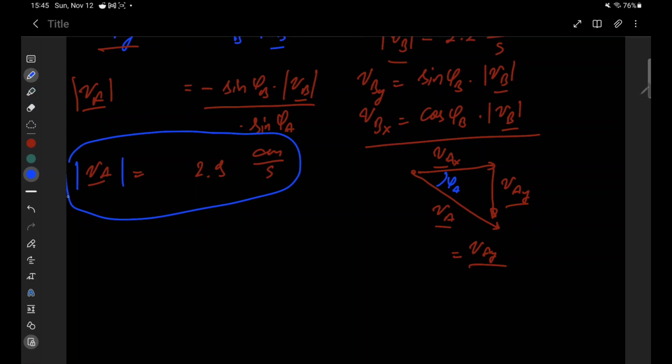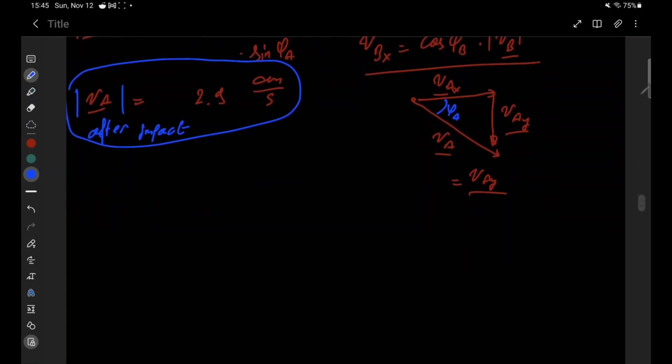But here, please, let's just write it how it should be. It should be the magnitude of the vector VA after the impact. So this is after impact. And it will be 2.9 centimeters per second.